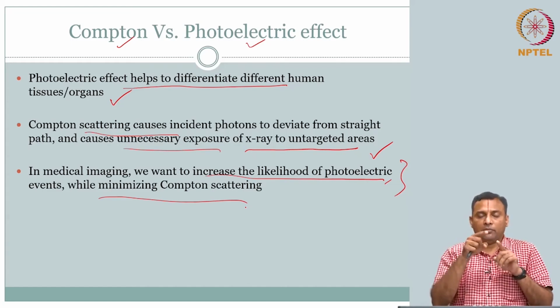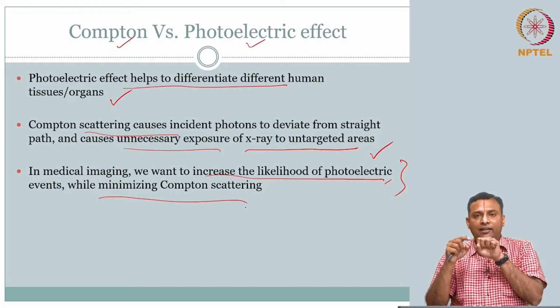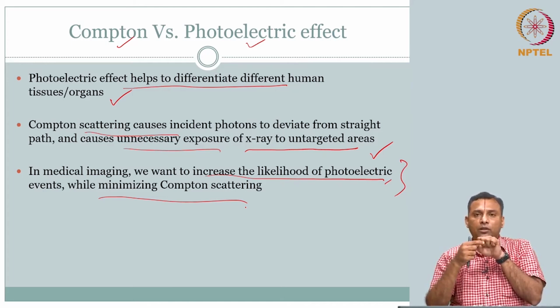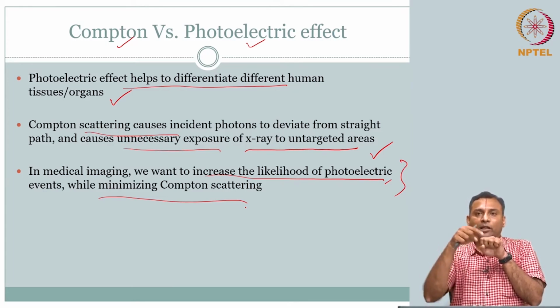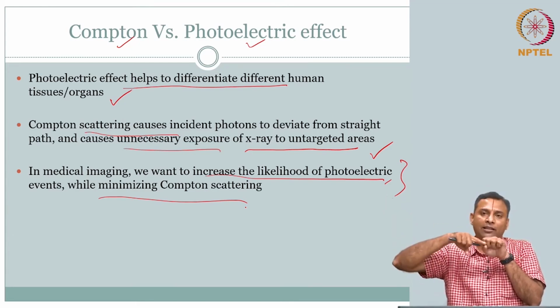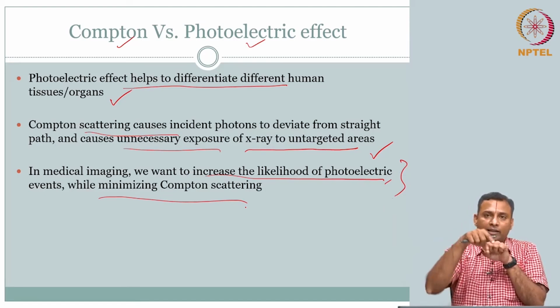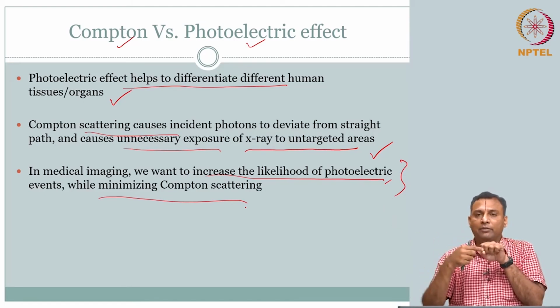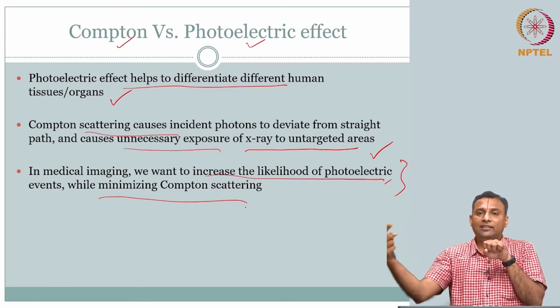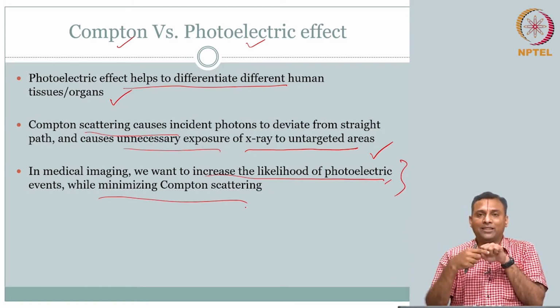My detector is looking at some h-nu that is supposed to come straight through, and that is my signal of interest. But because of Compton scattering, something else happened and that one comes at an angle and hits here. While I am looking here, something else comes and hits me here. I will not know, and I will say it came from here. So basically this is noise, corrupting my measurement.